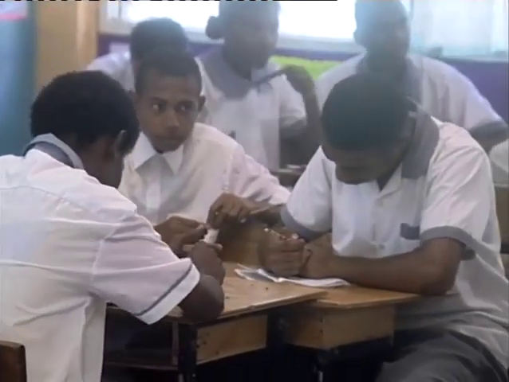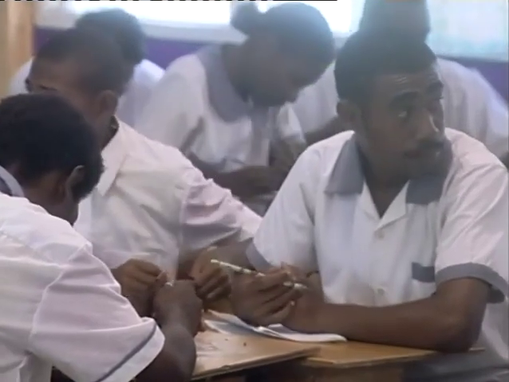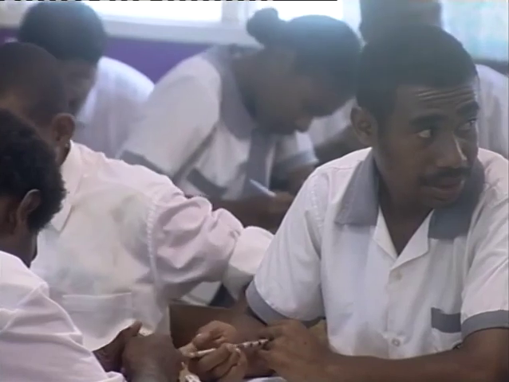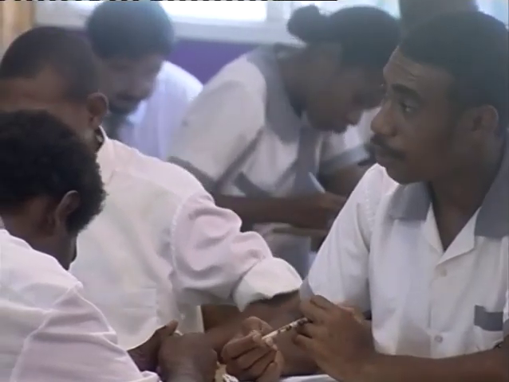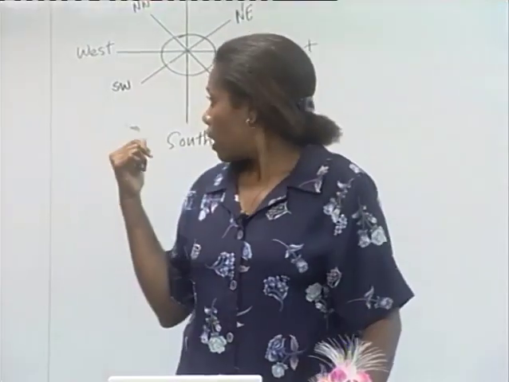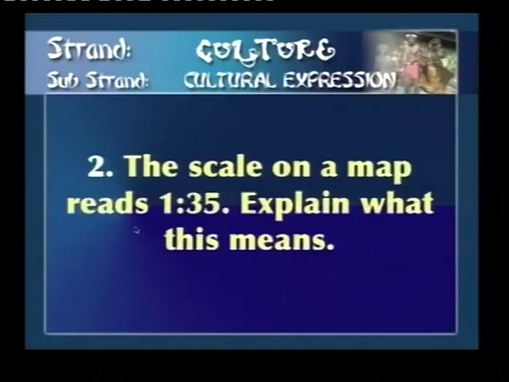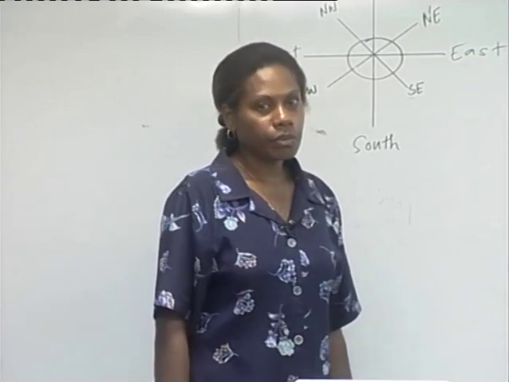All right, you finished with that? Okay, good. Receiving students? Can someone explain to us what that scale means? We'll have Andrew. 1 centimeter on the map is equal to 35 kilometers on the ground.